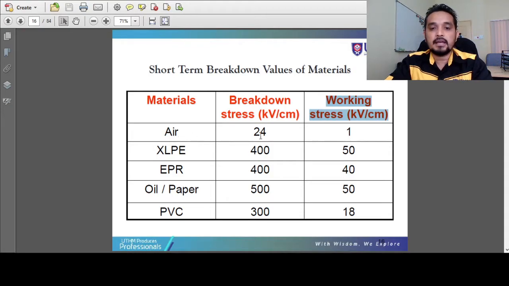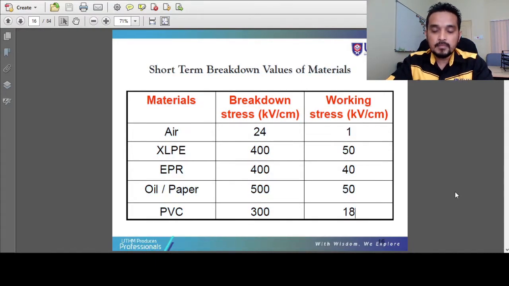For example, here air we have 24, but for working stress we only allow 1. XLPE cable is 400 before it can break down, but normally we will use only 50. So we use the working stress condition at far below the breakdown values, as you can see here, 440, 550, 318.